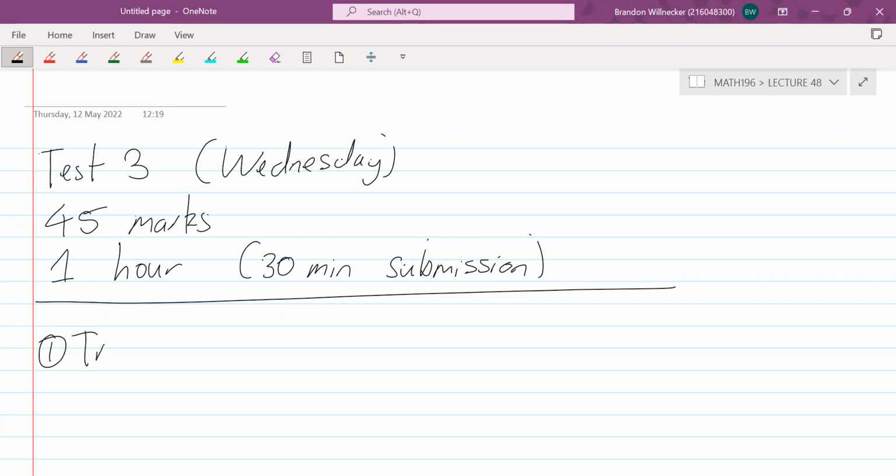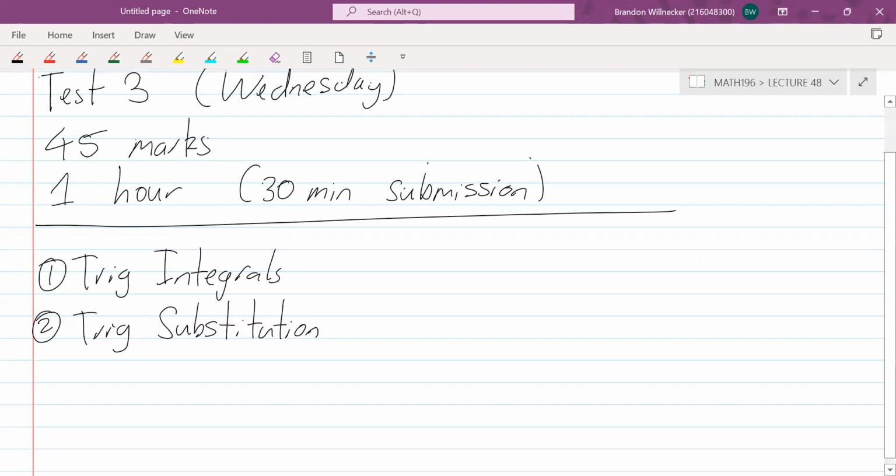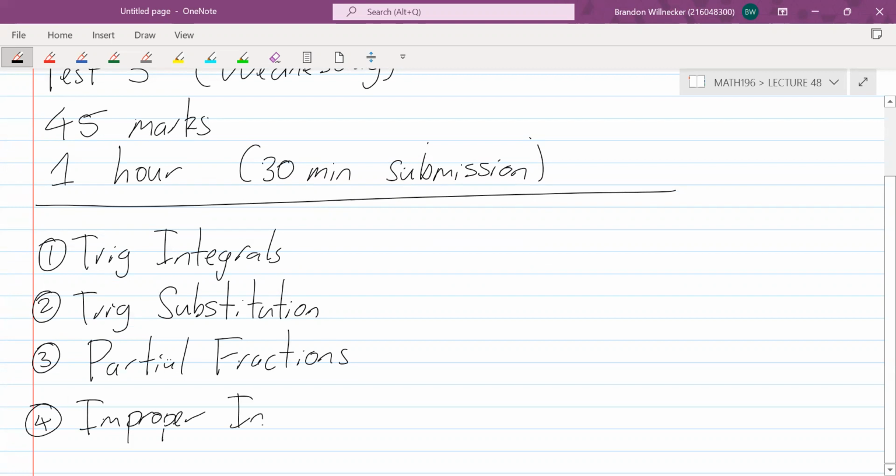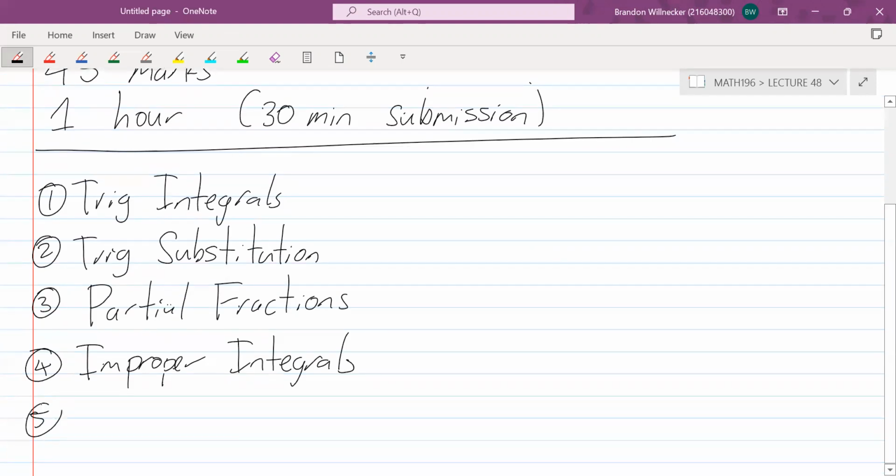It's going to be on trig integrals, trig substitution, partial fractions, improper integrals, and finding the length of a curve.